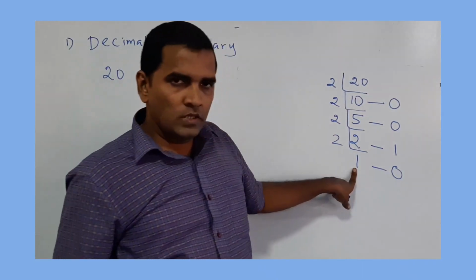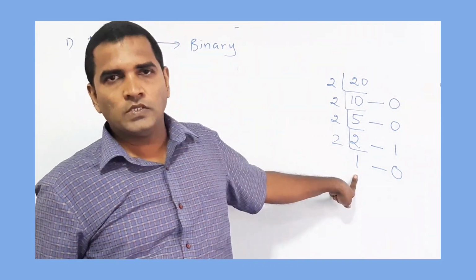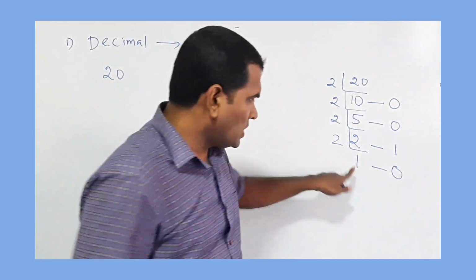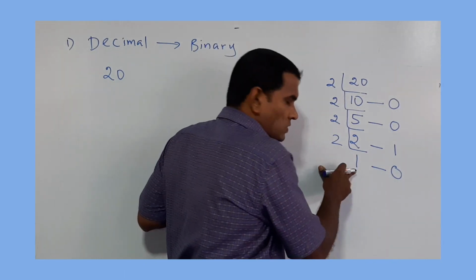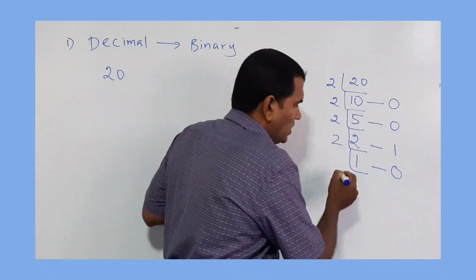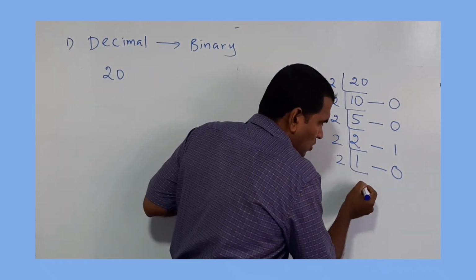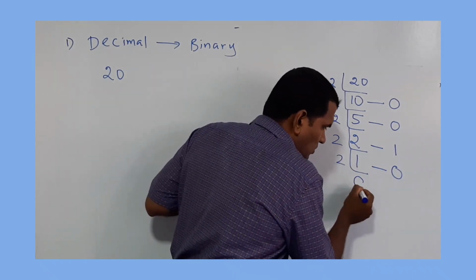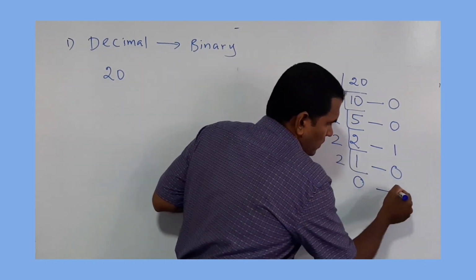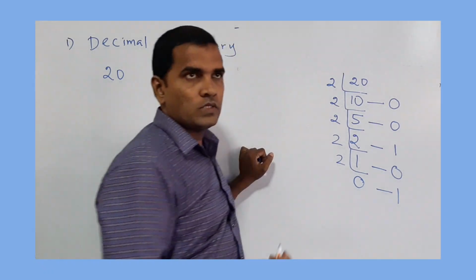See, if this becomes 1, it doesn't mean that you are unable to divide it again. Look at this, it's a number. Even though it is smaller than this 2, it can be divided. So divide again. It's a small number, so it is not included, put the 0. And you have that particular 1 as the remainder.